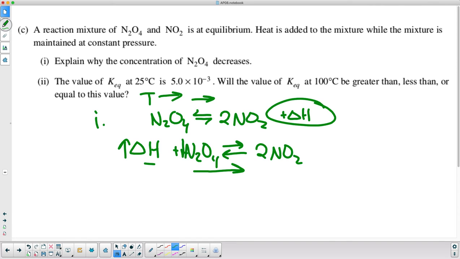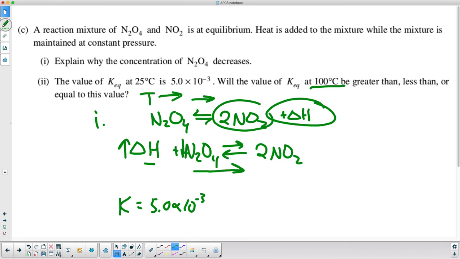This says the value of K equilibrium is 5.0 times 10 to the negative third. Well, is the value at 100 degrees greater or less than or equal to this value? When we increase the temperature, we get more product.